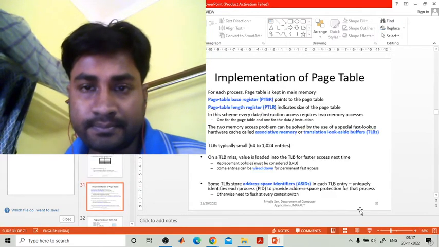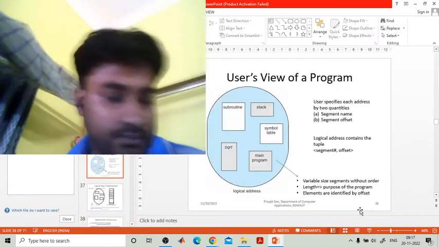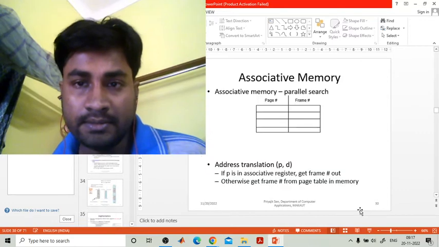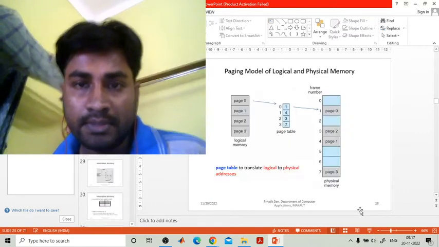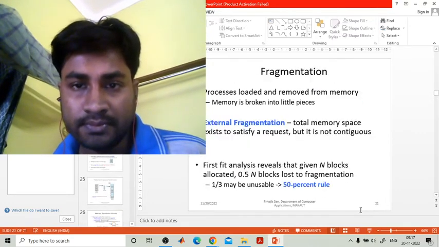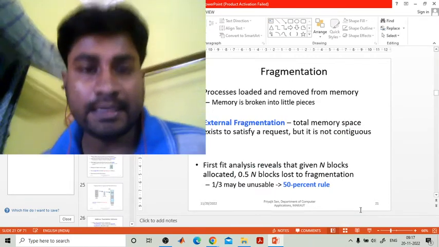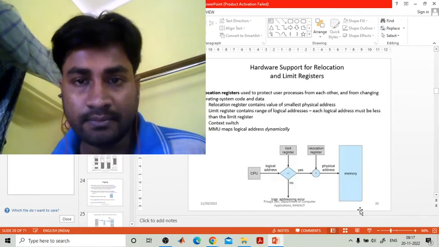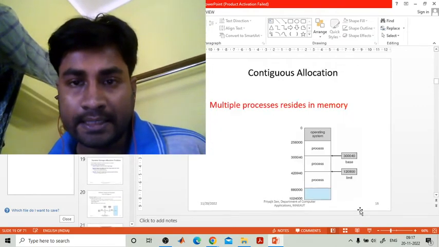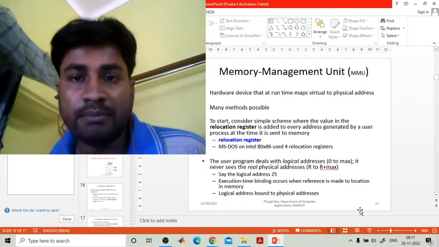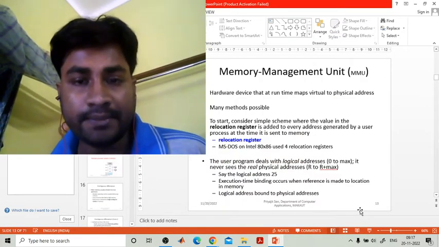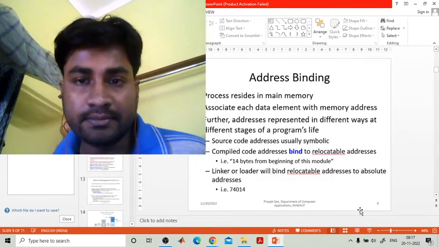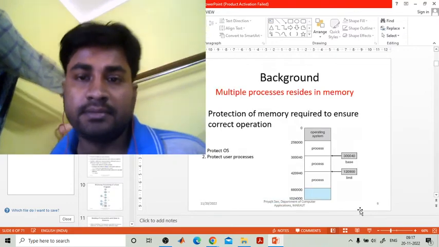Then the paging concept is already told to you. Fragmentation, internal fragmentation and external fragmentation with figure, with diagram, and the memory management unit and its working, physical address space, logical address space. Yes, this thing only.